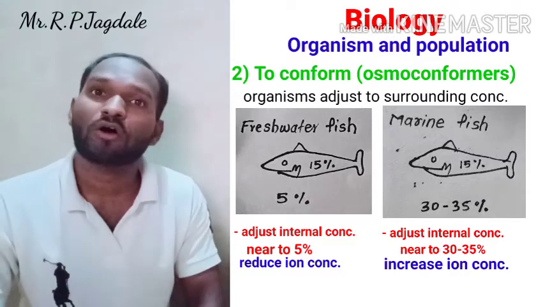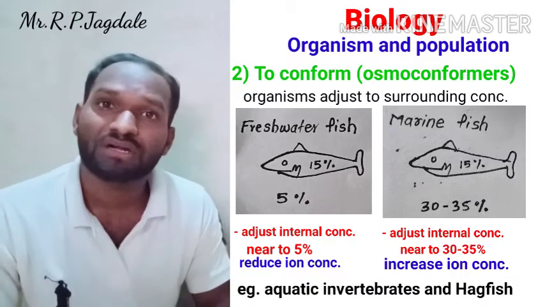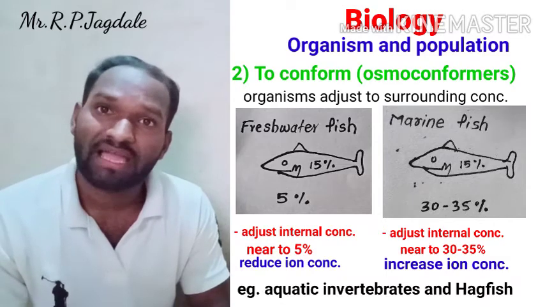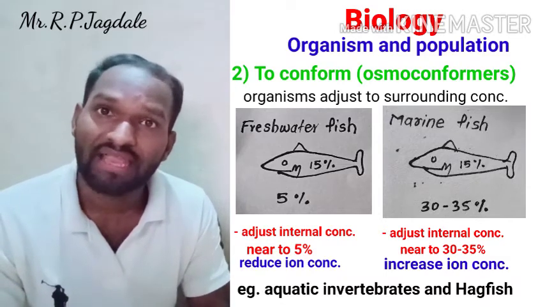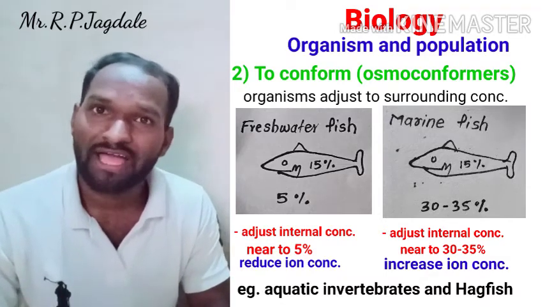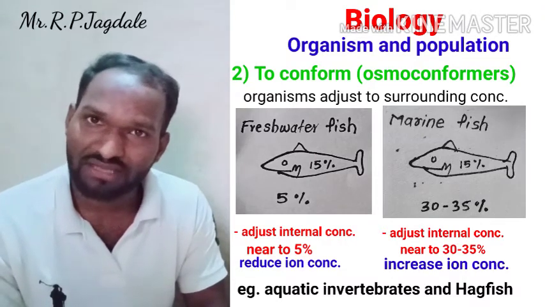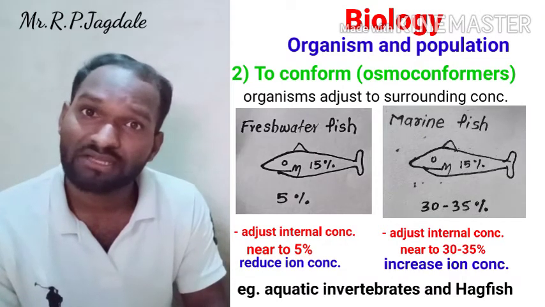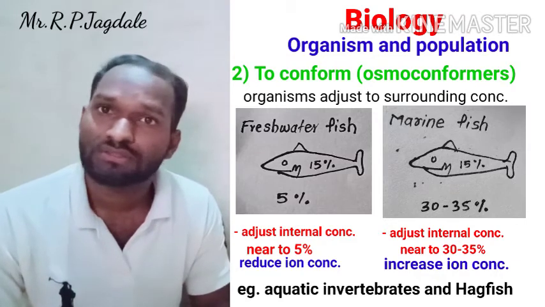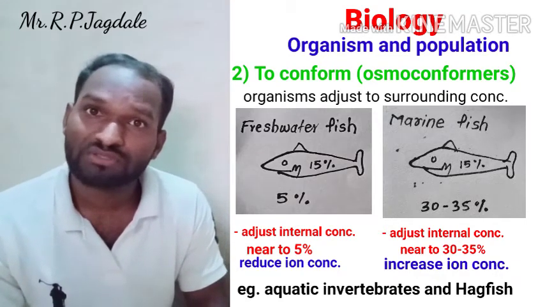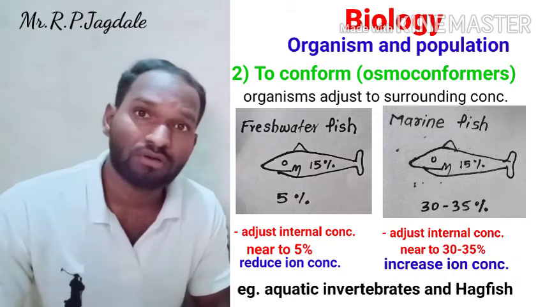The example of the conformer is all aquatic invertebrates and the hagfish. So the hagfish is an aquatic vertebrate, but it is not a regulator, it is a conformer. So these are the two terms, osmoregulator and osmoconformer.